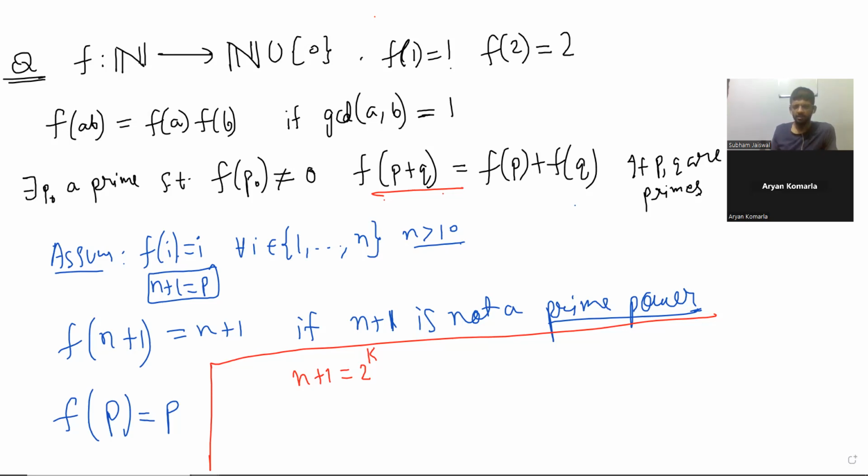But let's think about this a bit. So we cannot use the shifting method unless we prove something stronger. Have f of 2 power k plus 2.